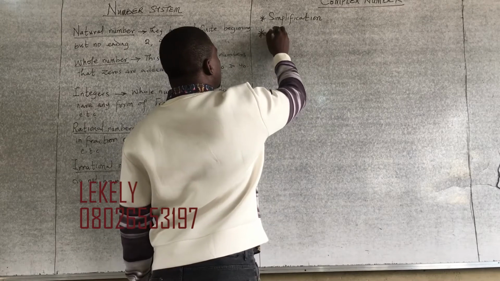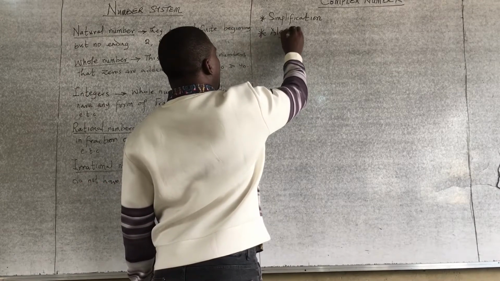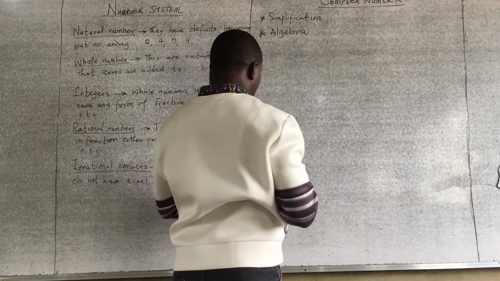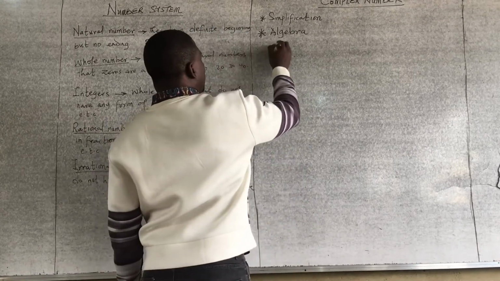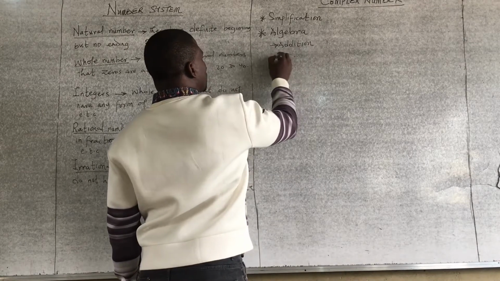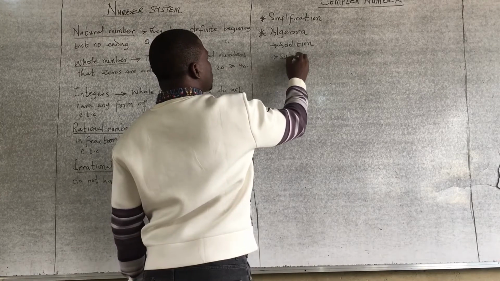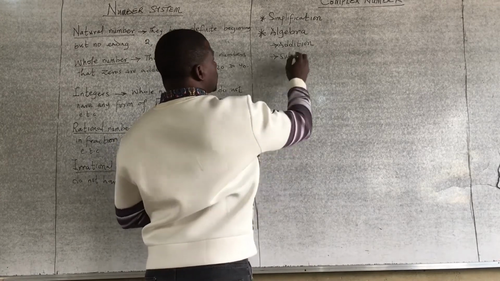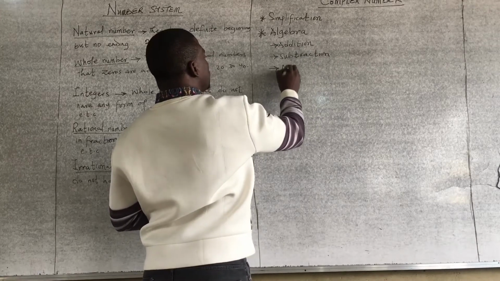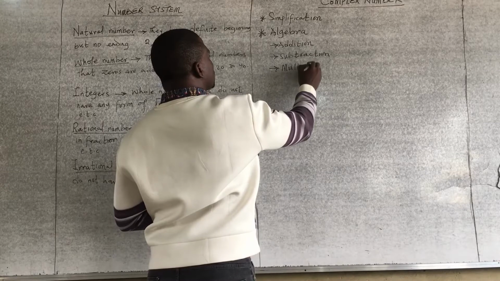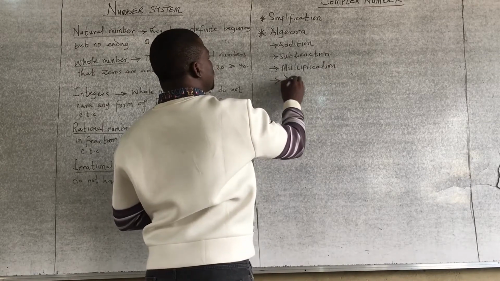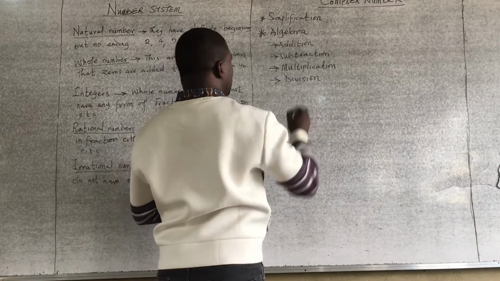We are going to be looking at algebra of complex number. In the algebra of complex number, we are going to be looking at addition, subtraction, multiplication, and then division of complex number.